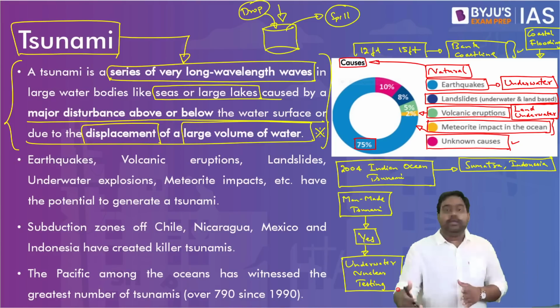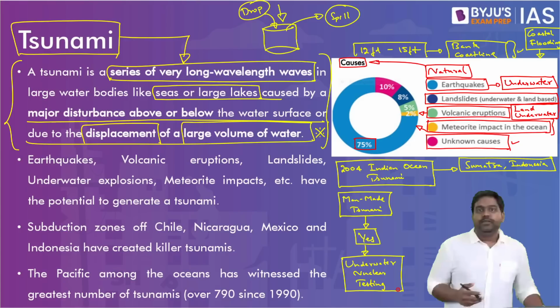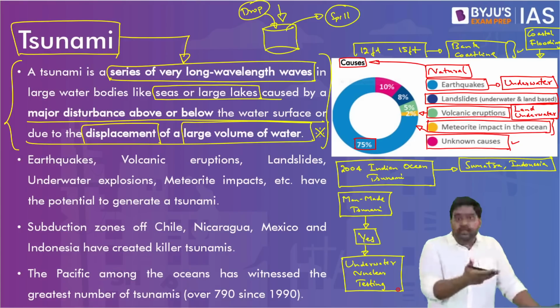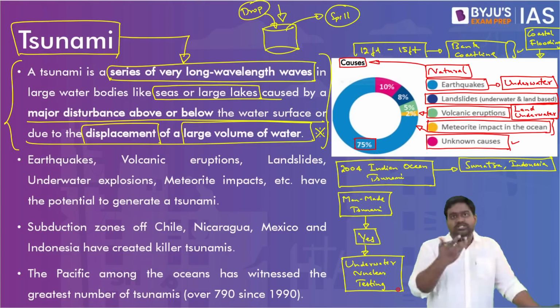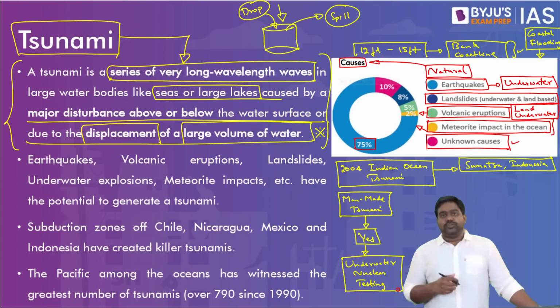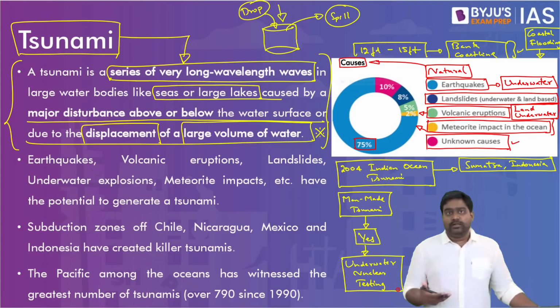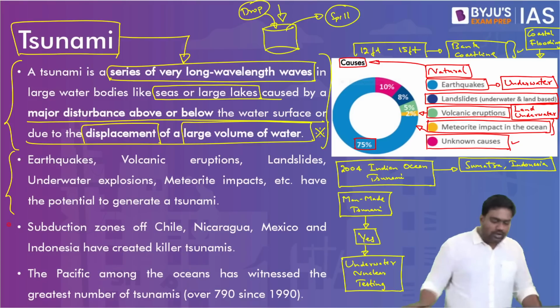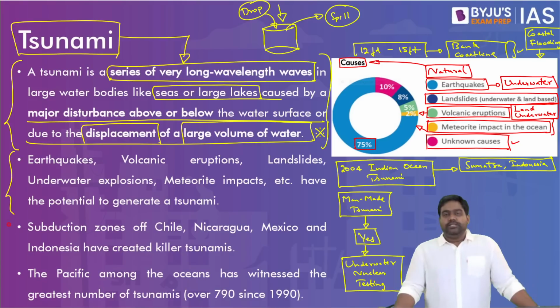It will not be comparable to a natural tsunami. Is that clear? Any underwater explosion, even in a lake, can cause a tsunami. So there are possibilities where a man-made tsunami can occur as well. So please make a note of the contributing factors. There are natural causes and a few man-made causes as well.